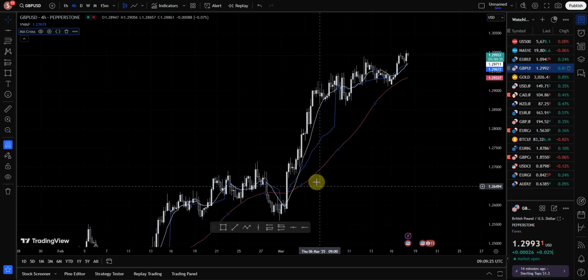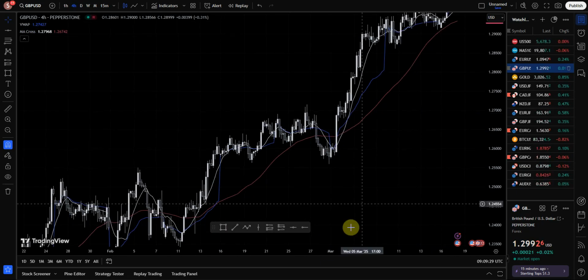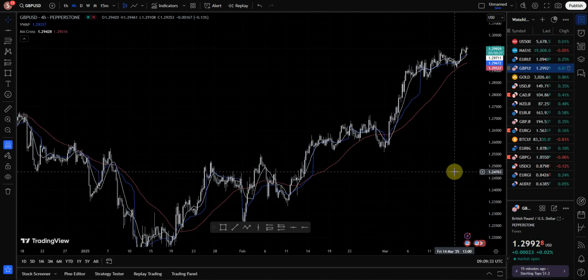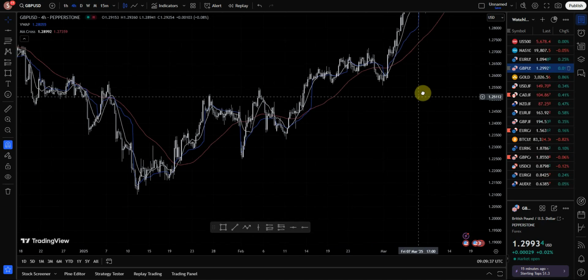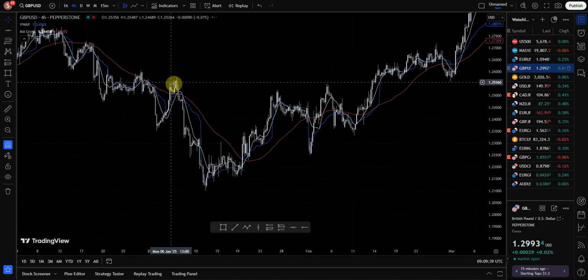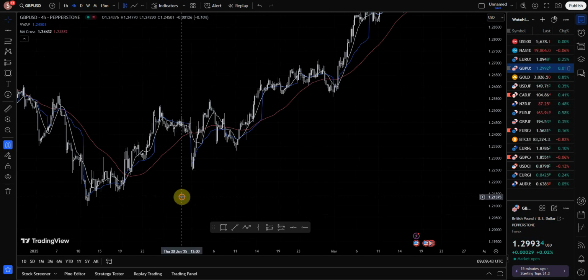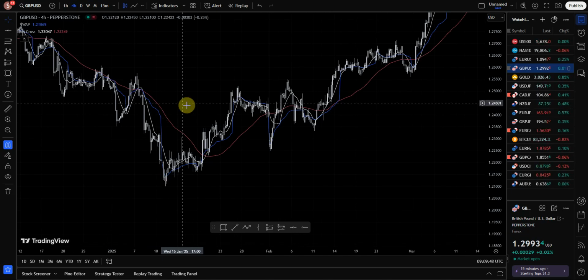So the function of the 50 moving average is that's your major trend. You understand? If you want to be buying, you want to be buying when price is above the 50 moving average. If you want to be selling, you want to be selling when price is below the 50 moving average. Even if price is below the 50 moving average, you can still see buying opportunities.